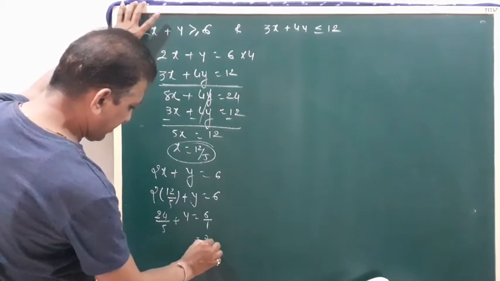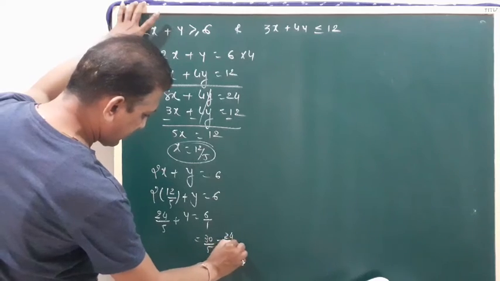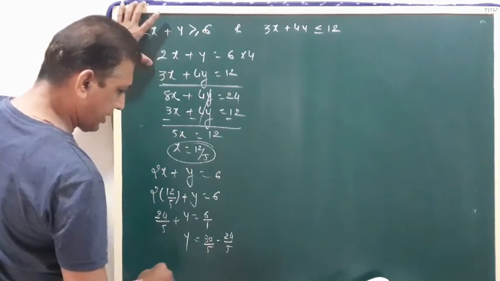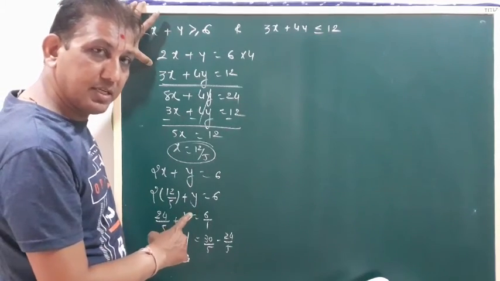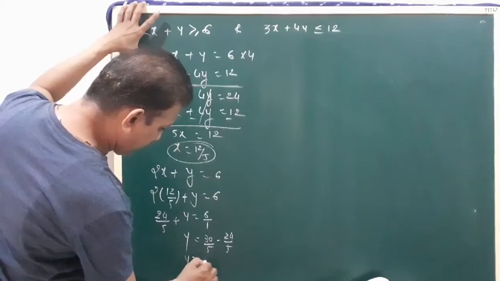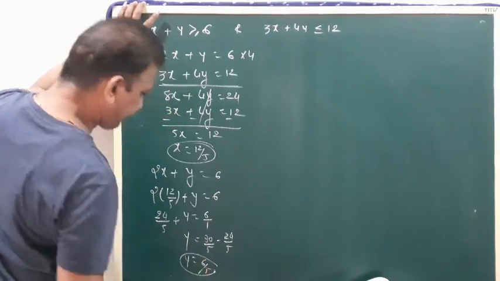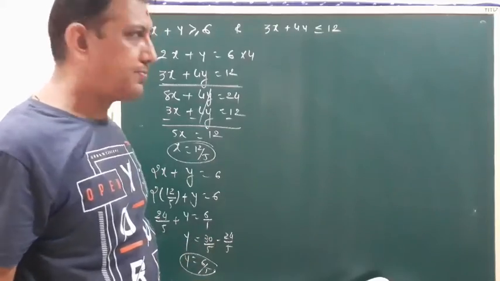So first we multiply 6 by 5, 30 upon 5, and 24 by 5 on the right side. Subject of y. 30 minus 24, denominator same. Same denominator, so you can subtract directly in the numerator. y equal to 6 by 5. Intersection of these two lines is 12 by 5 and 6 by 5.